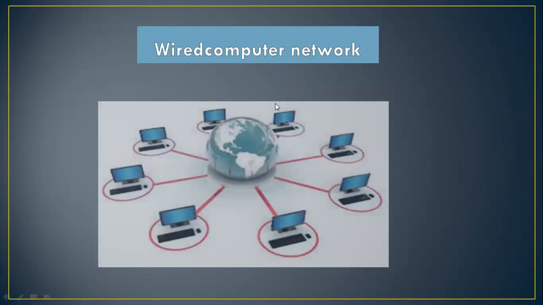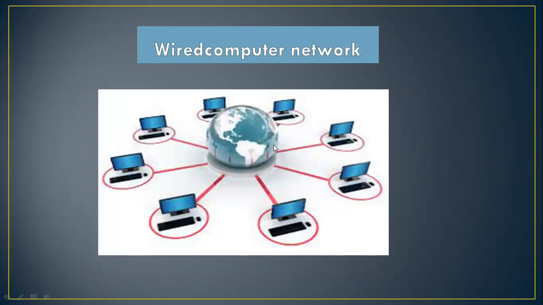So how can we connect the devices with each other? Here are two ways to connect the computer with the network. First of all, it can be wired, and then it can also be wireless. Nowadays, most people use wireless connections.